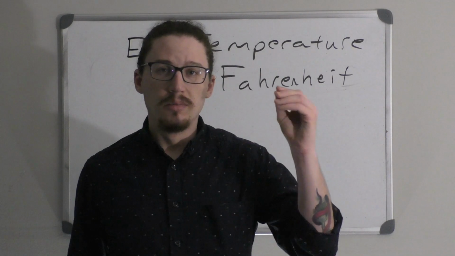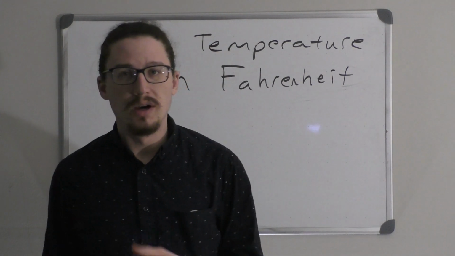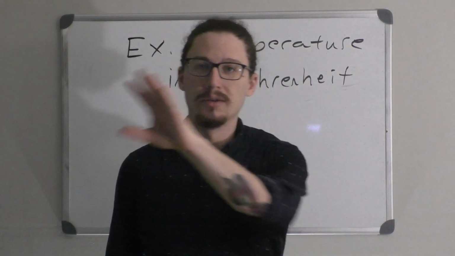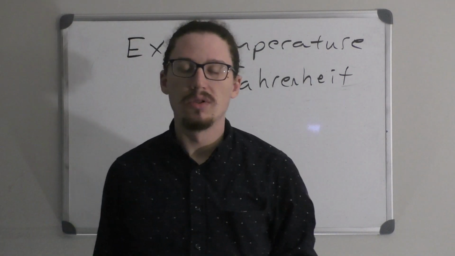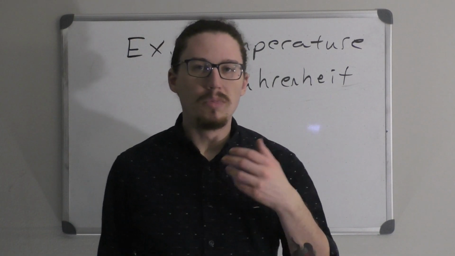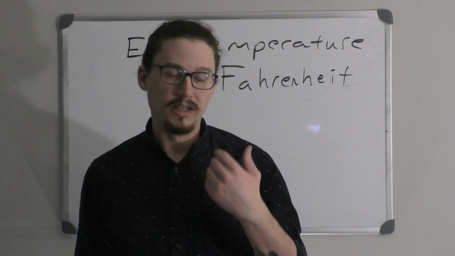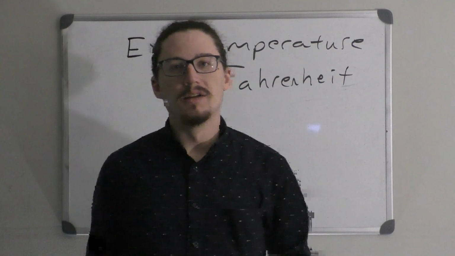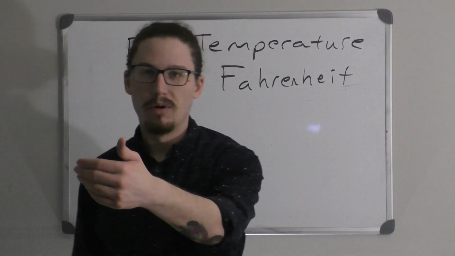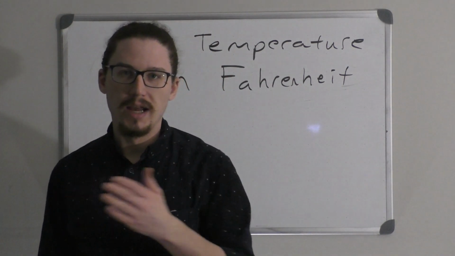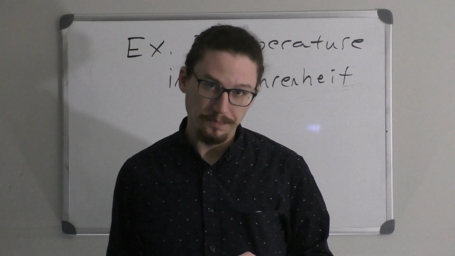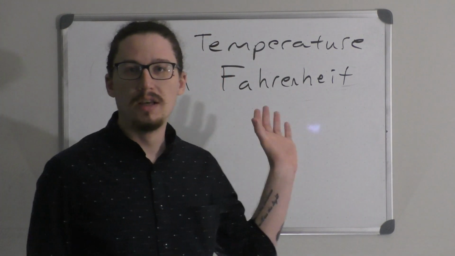So temperature in Fahrenheit, we can put it into distinct groups and categories. It was this temperature this day, it was that temperature that day. We can also order it. If it's 80 degrees today and it's going to be 84 degrees outside tomorrow, then it's going to be hotter tomorrow than today. So we can logically order those.